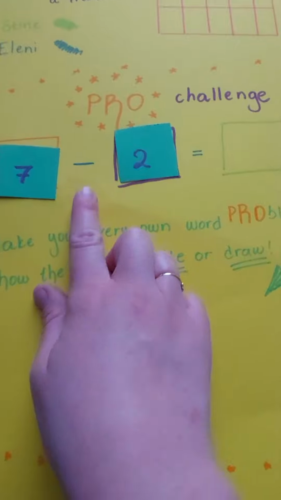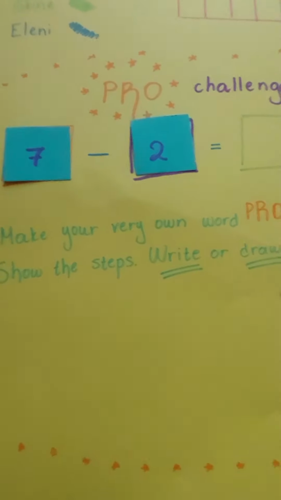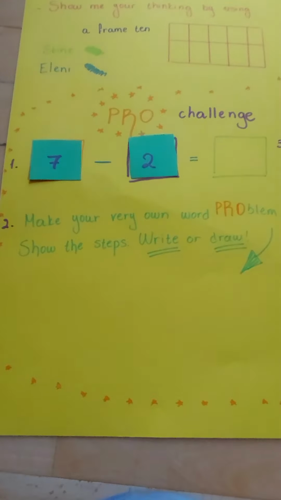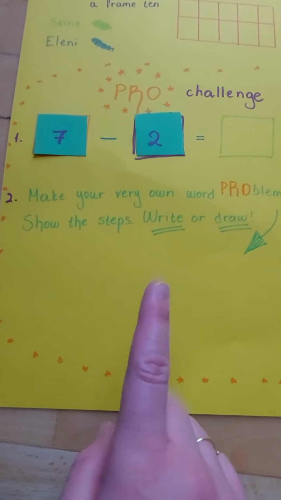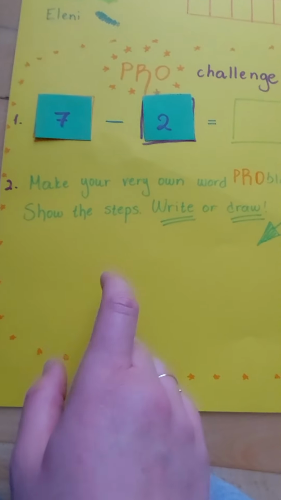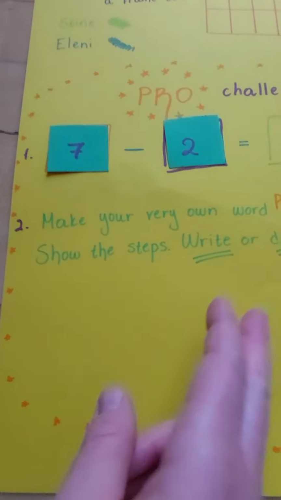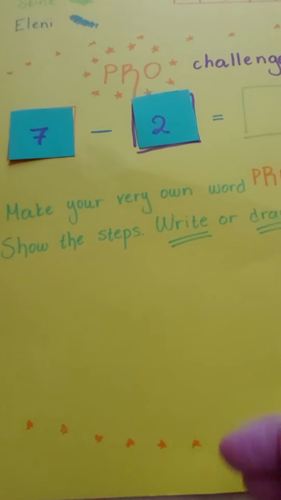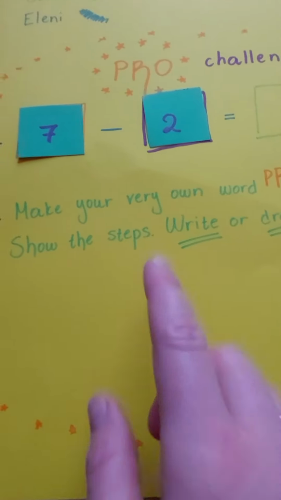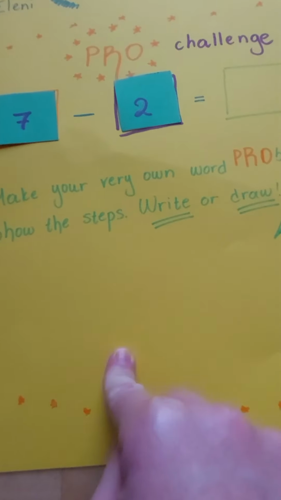They also have the minus here indicating that it's subtraction, and they need to make their own word problem, and they should show the steps just like we did. So we should have the first part of the problem, then the second part, then we have to show the start, the change, and the result.